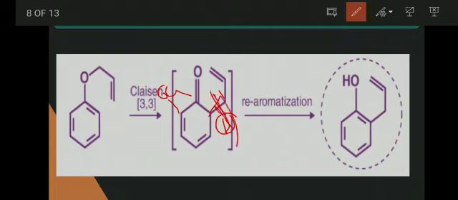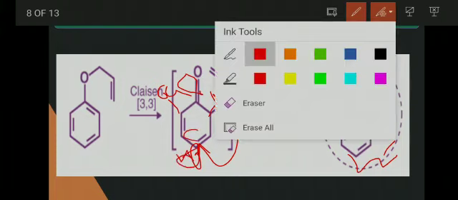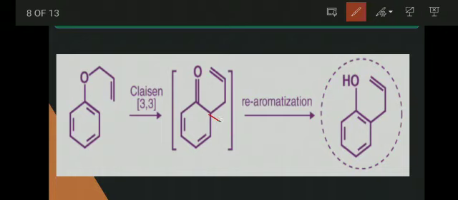Therefore that bond is broken and the attack is on the para position, and the formation of para allyl phenol takes place like this. This bond is broken and hydrogen is shifted from here because the hydrogen is available. But ortho allyl phenol is the general product because hydrogen is easily migrated from here to the oxygen.